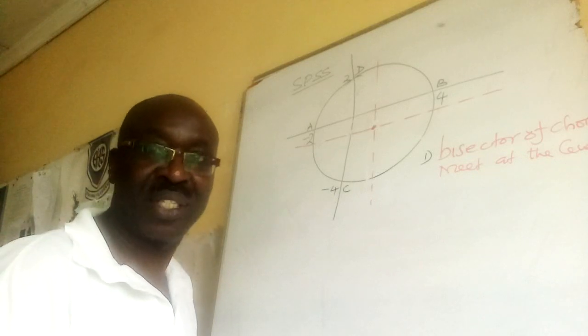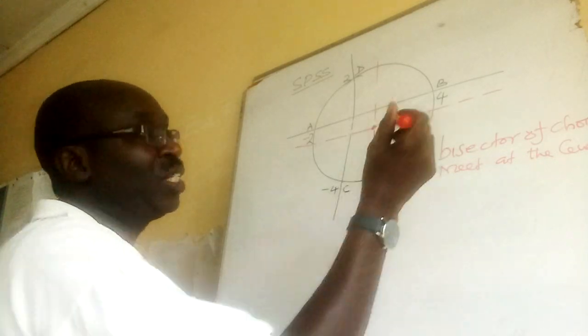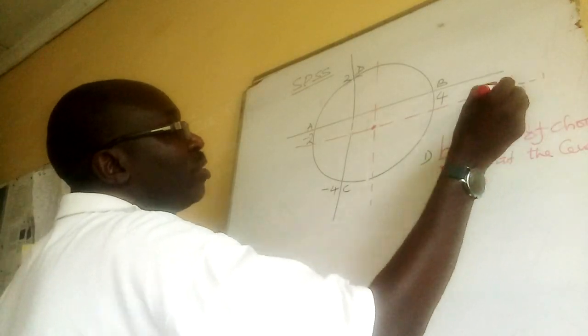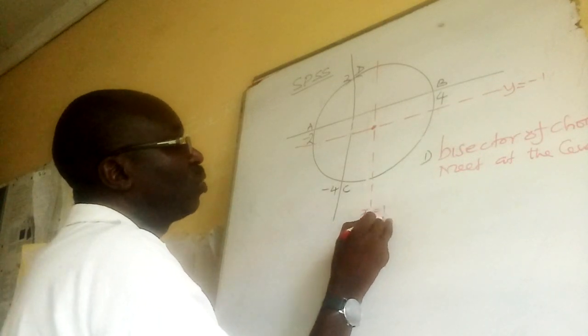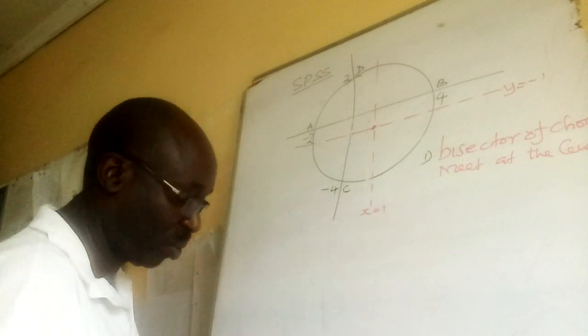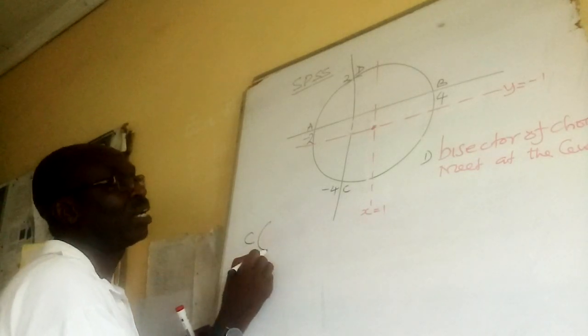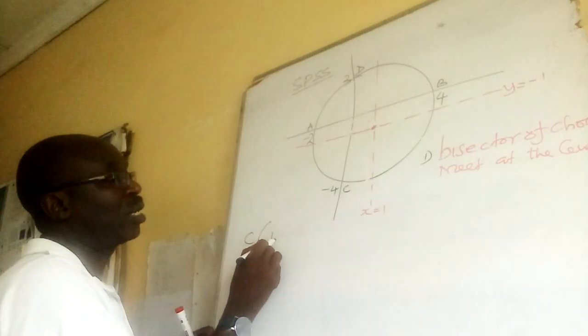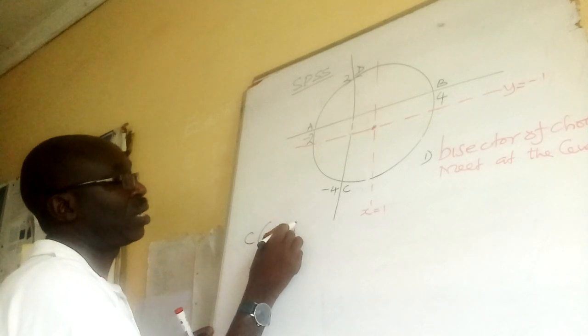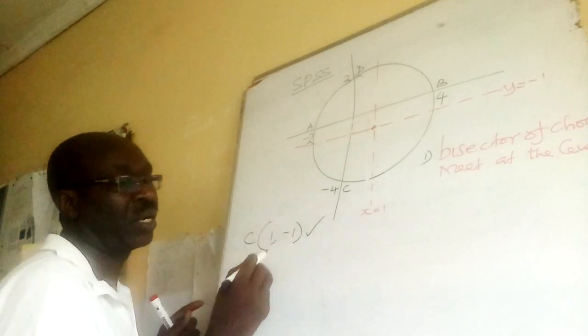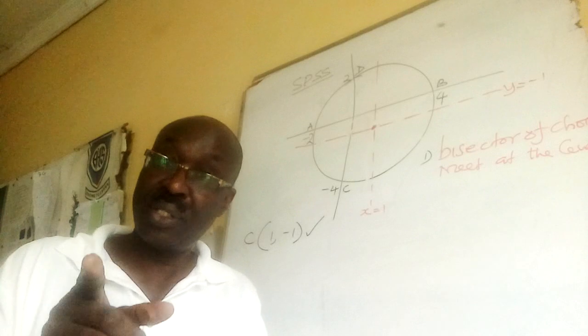This is like y equals -1, and this is like x equals 1. So I move quickly. What is my center? My center will be (1, -1). It is reasoning.